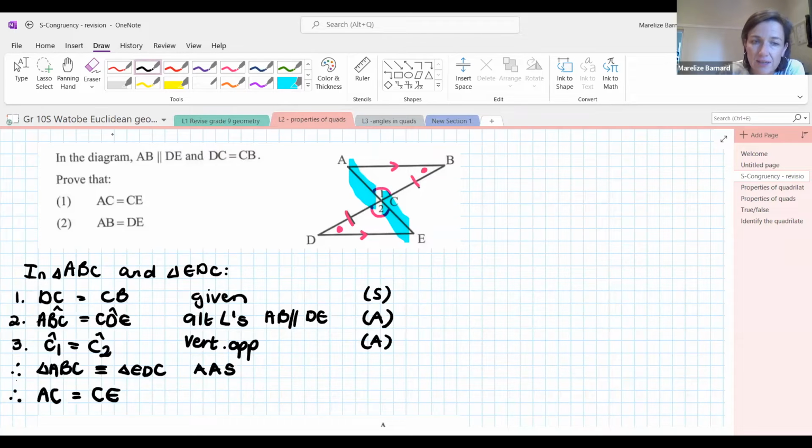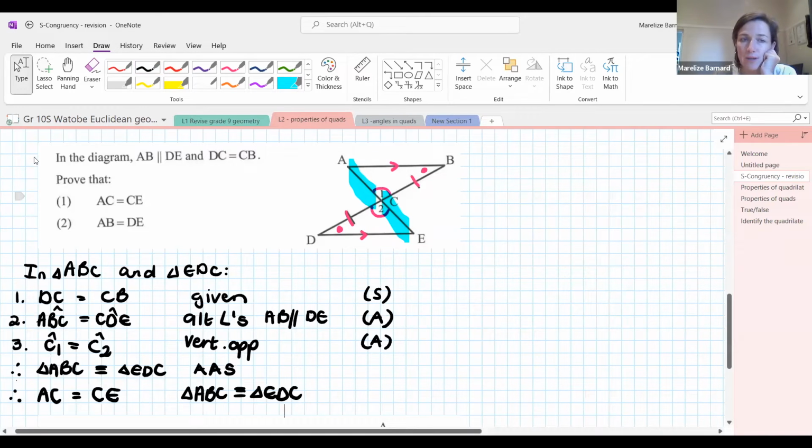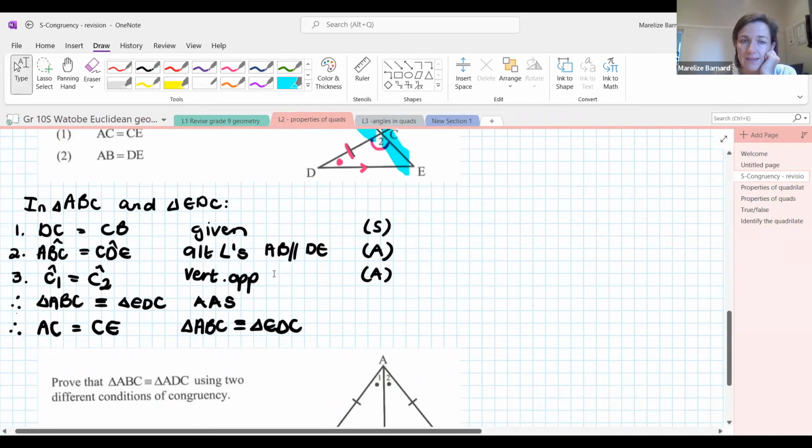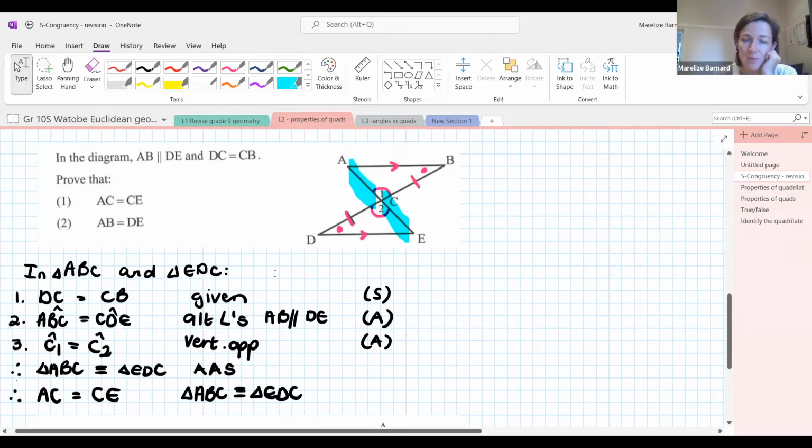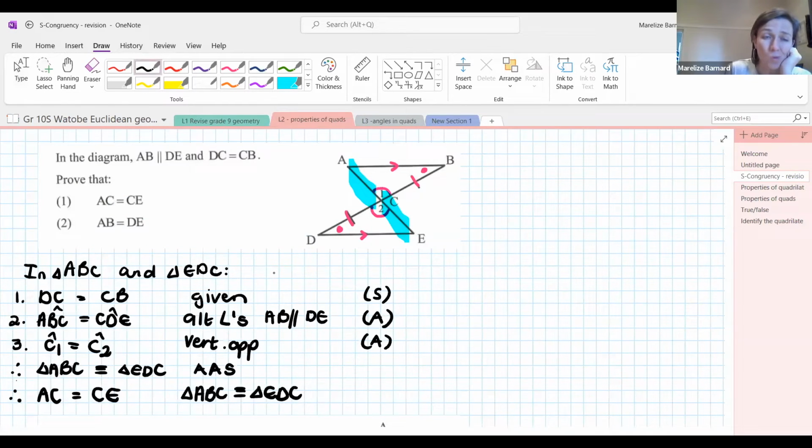And the reason you're going to give there is that triangle ABC is congruent to triangle EDC. No other reason is a valid one. That is your only reason for those two sides being equal. I'm getting my words mixed up. No wonder I posted that woozy face, because I'm getting all my words mixed up.